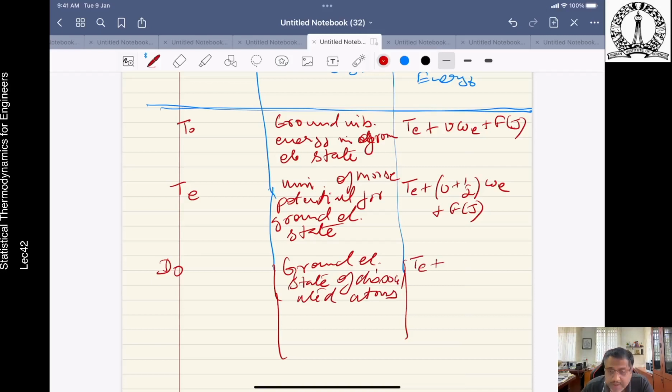So this is T plus half omega E plus F J, minus D naught. And then there is of course D E, which is also the ground electronic state of dissociated atoms.